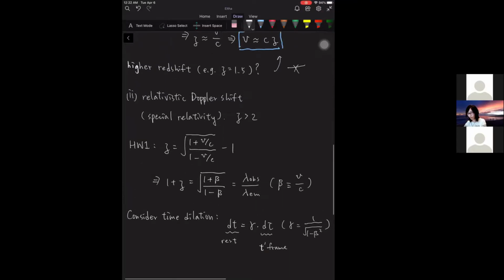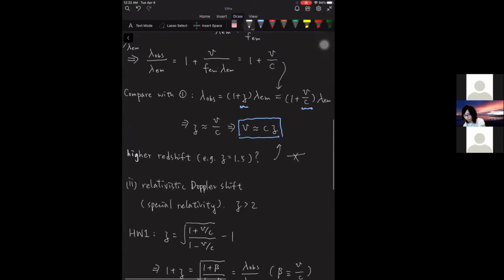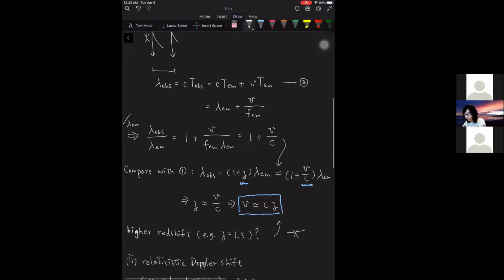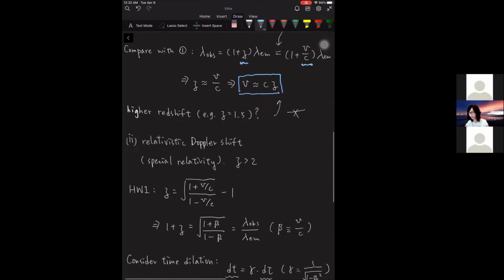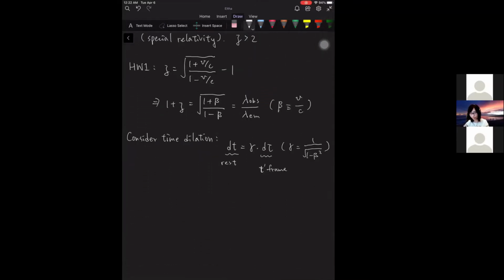So now if we use the Doppler equation, we derive equation 2 here. So it's the same, right? The only thing we have to do is to convert the time of the emitted wavelength. The time we observe now should be different from the time of the emitted wave, so there should be a factor of gamma. Okay, so let's rewrite equation 2.